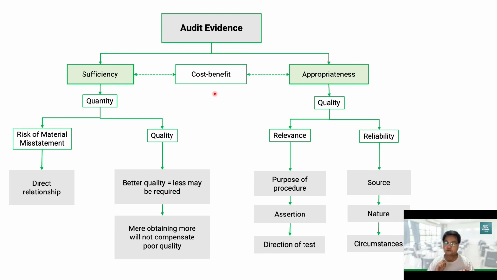We cannot use cost or the difficulty of obtaining evidence as an excuse not to perform that procedure. If it's the only procedure needed to address the objective, then it means the benefit will exceed the cost of performing it or obtaining that evidence. That is why we consider cost-benefit as a factor in obtaining audit evidence.